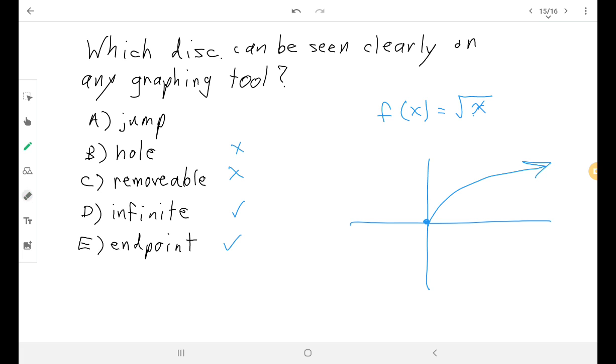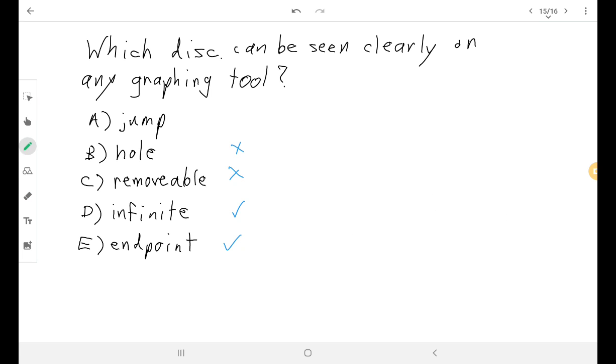And jumps, we saw a bunch of jump discontinuities in 10.1, where we had those weird-looking graphs that did stuff like this and then this, where we might have had a graph like that.